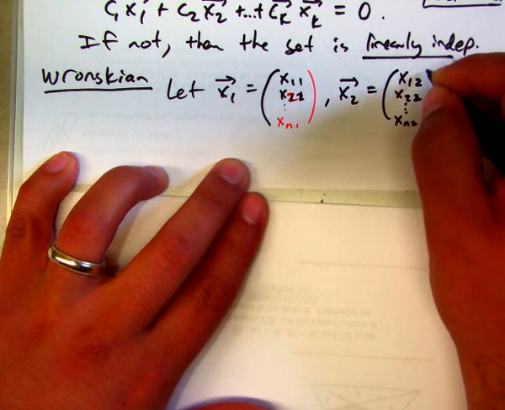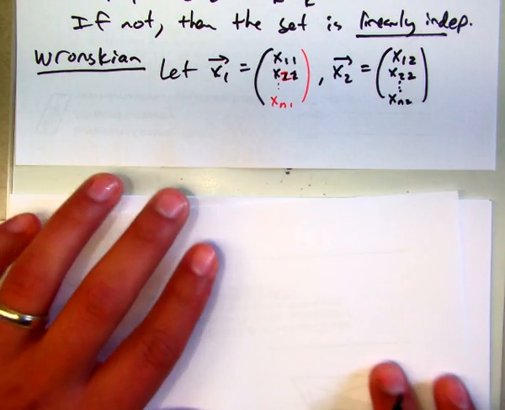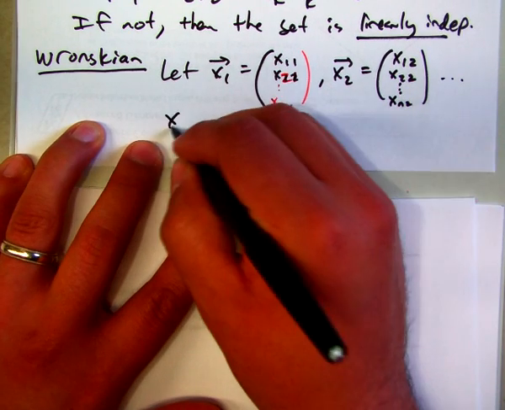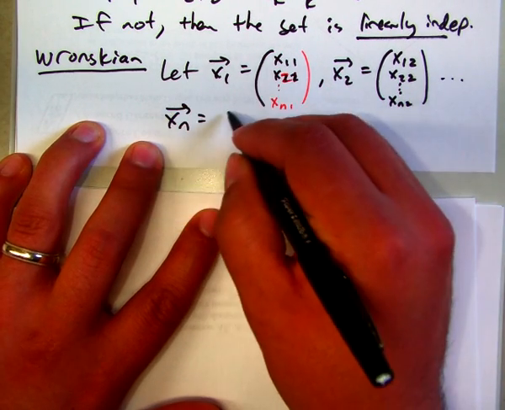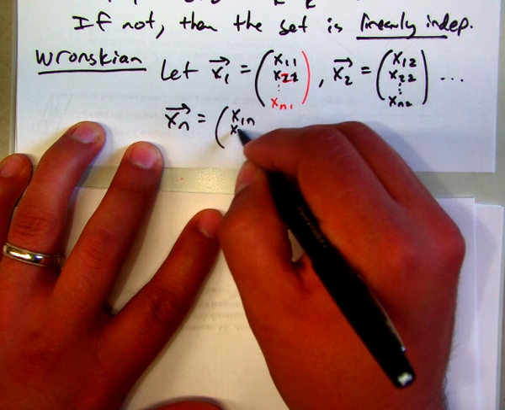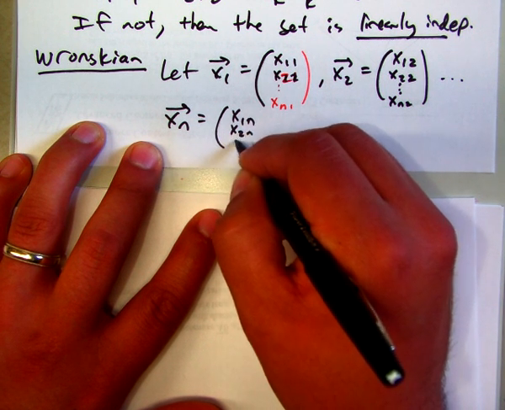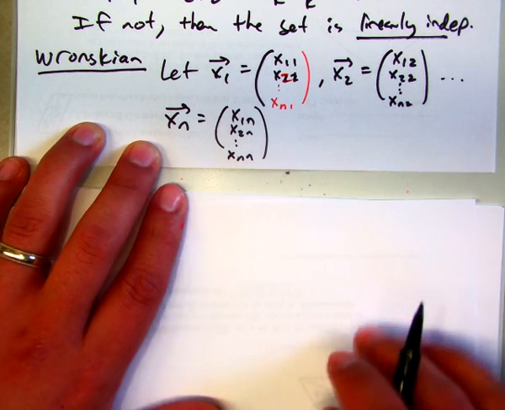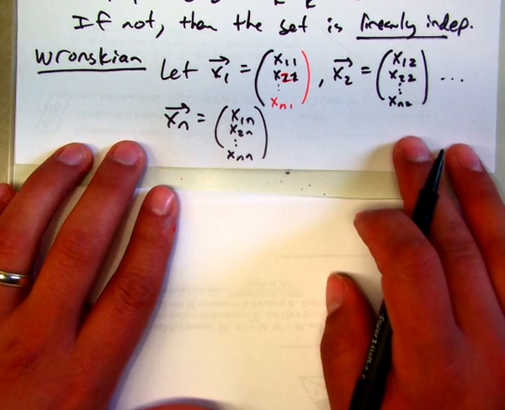It's kind of strange when I separate them like this. And so on. X sub n, first row, nth column, second row, nth column, all the way down to x sub nn.